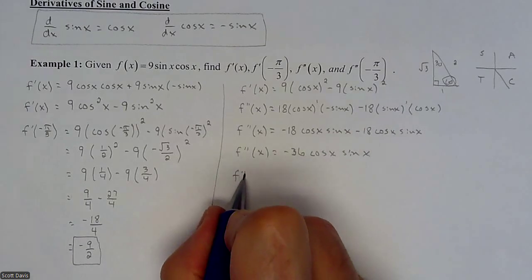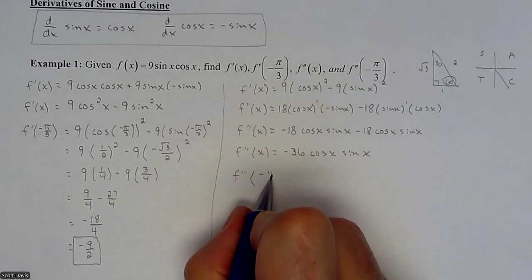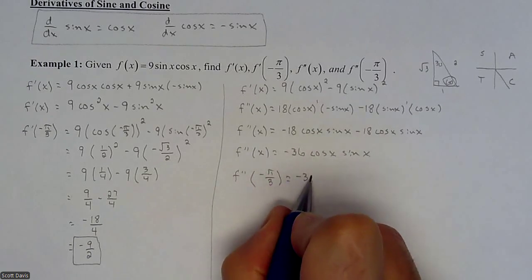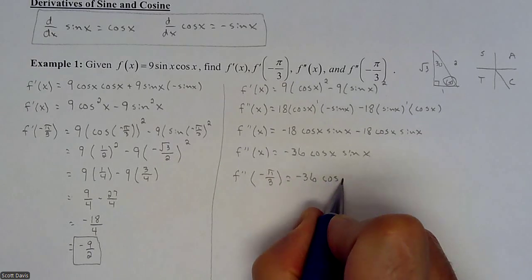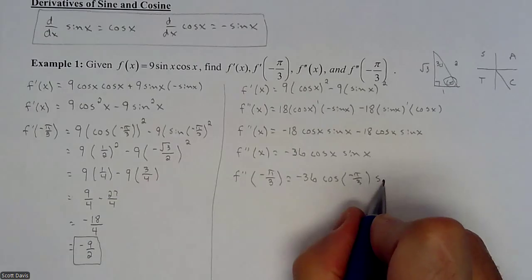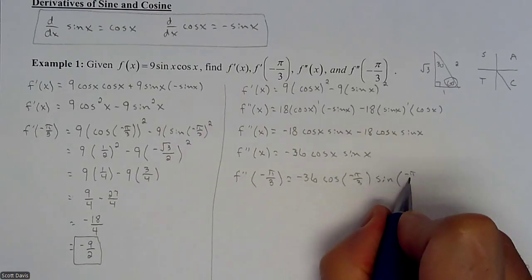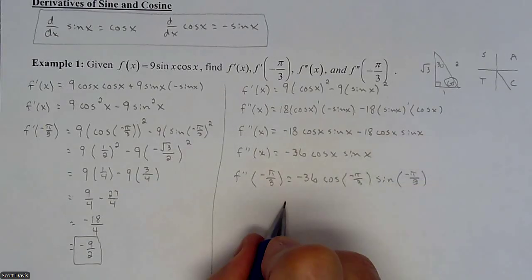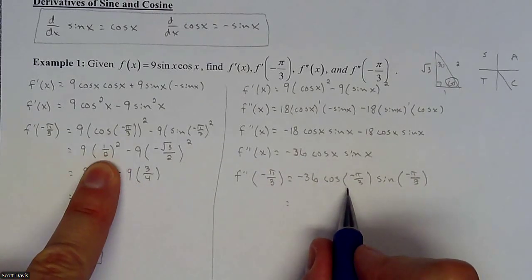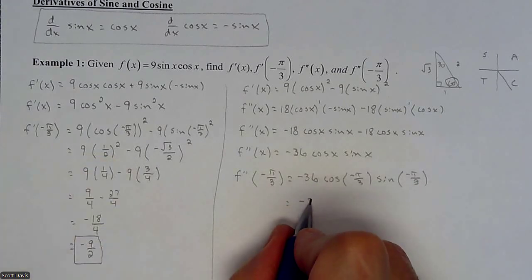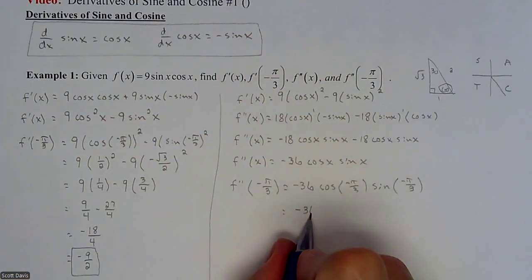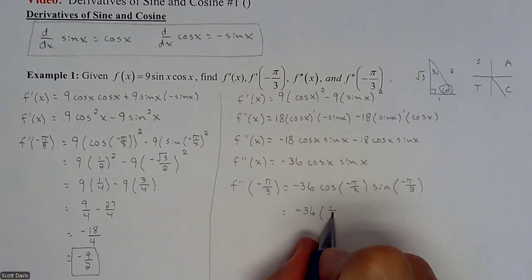Now let's find the value at negative pi over 3 again. So negative 36 cosine of negative pi over 3 times sine of negative pi over 3. We already know that cosine of negative pi over 3 is 1/2, so that's negative 36 times 1/2.